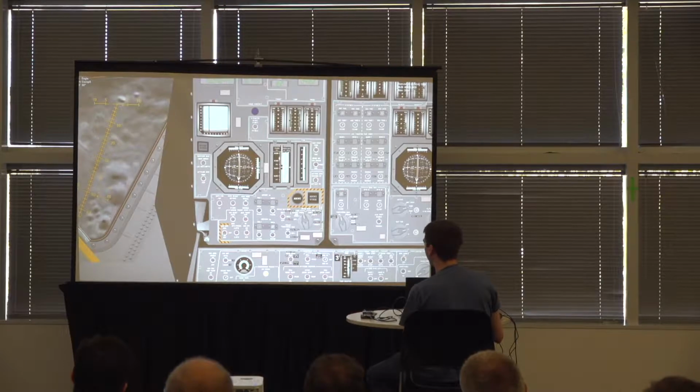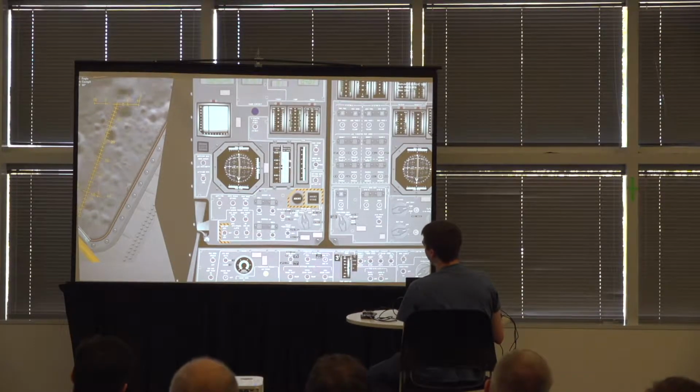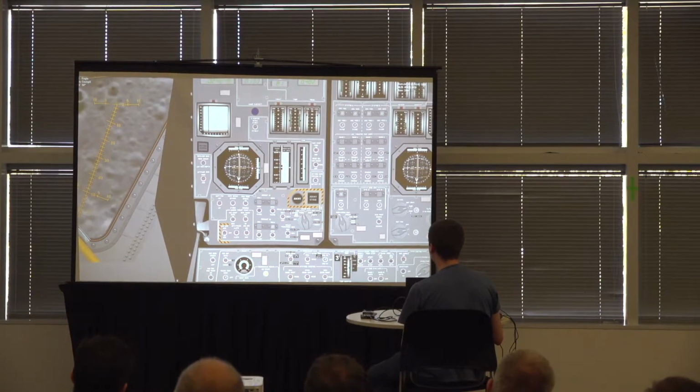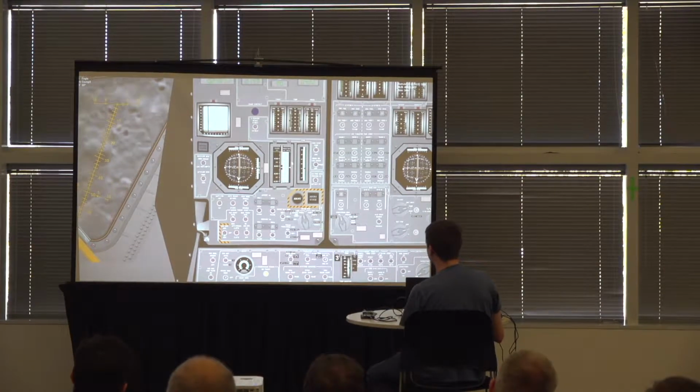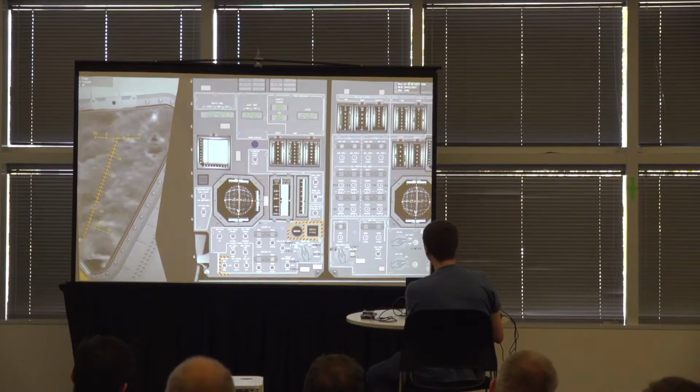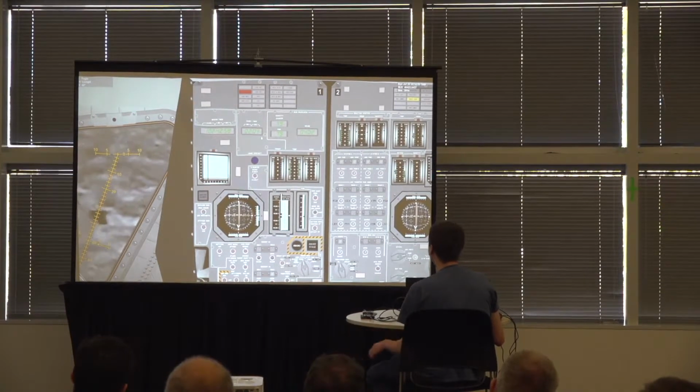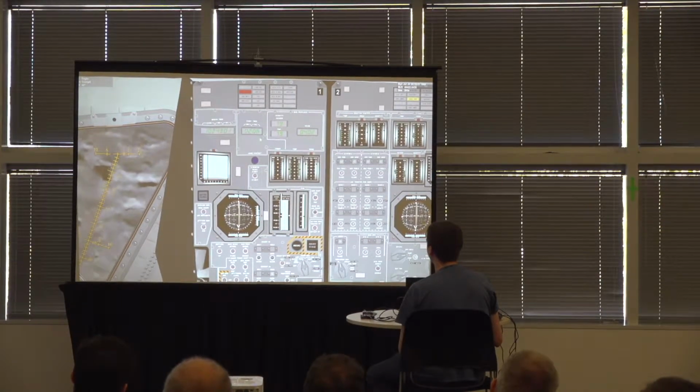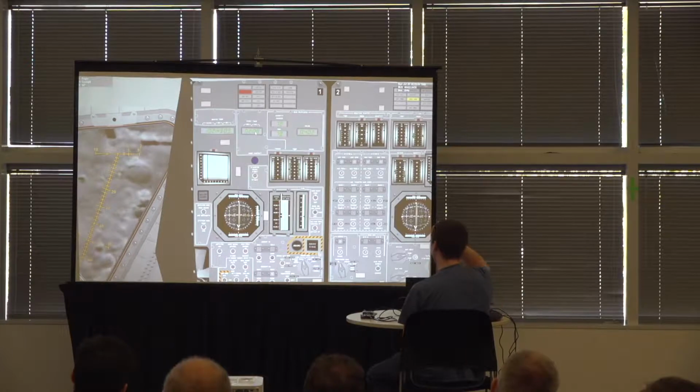And these were added both for redundancy and because the astronauts who were pilots really liked the more analog way of seeing visually how their altitude is changing and how their altitude rate is changing. So the next event we have coming up is at ignition plus 3 minutes and 30 seconds.